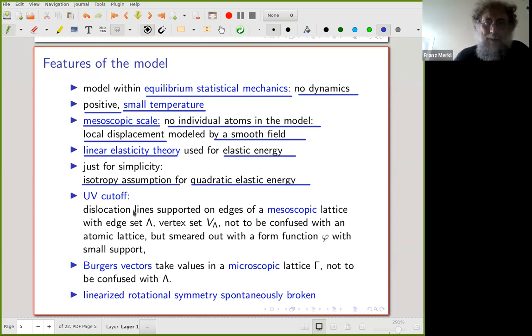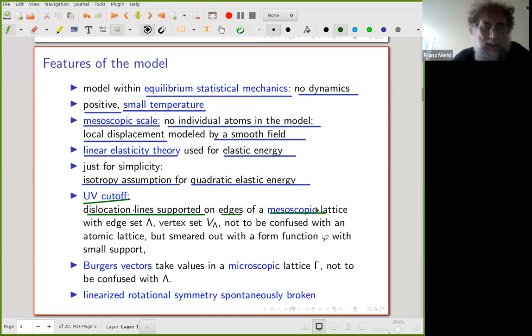Now, here comes another simplification. In order to reduce the complexity of possible dislocation lines, we use a small distance or an ultraviolet cutoff. So dislocation lines are only allowed to be supported on the edges of a mesoscopic lattice, which should not be confused with the atomic lattice.